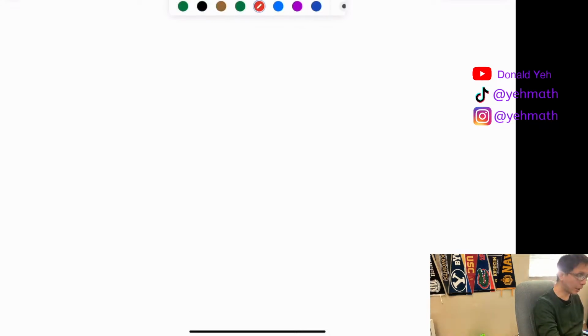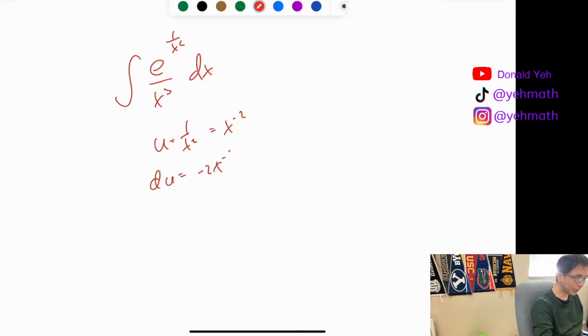This is a good question. This is a good test question, by the way. The integral of e to the 1 over x squared, x cubed dx. Let u equal 1 over x squared, so u equals x to the negative 2. Then du equals negative 2 x to the negative 3 dx. Writing down this dx is very valuable.